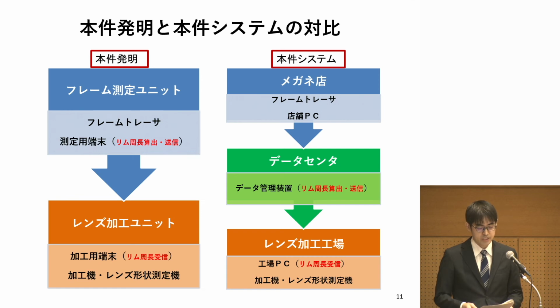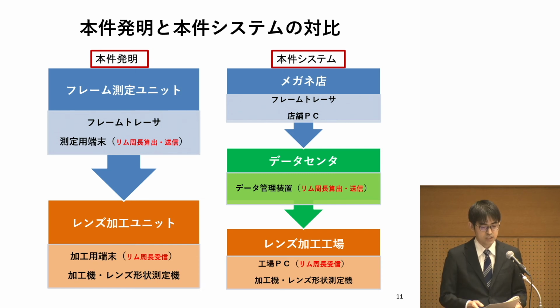This difference results in differences in the configuration of the invention and the system shown on this slide. First, in the invention, the configuration is largely divided into a frame measurement unit and a lens edging unit. However, in the system, the configuration is divided into 3 parts: an optician's shop, a data center, and a lens processing factory.